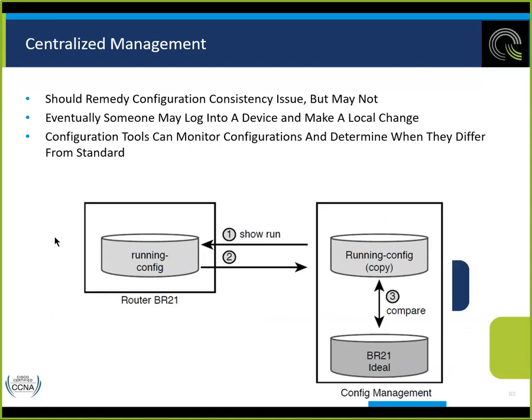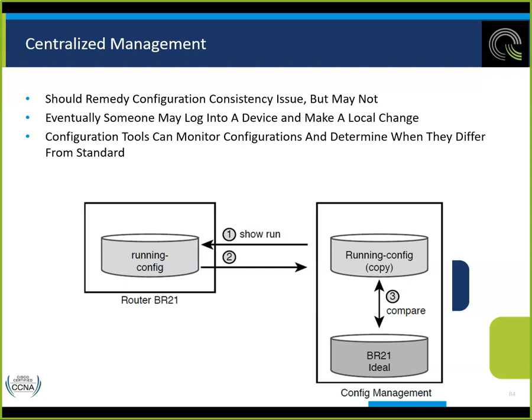In centralized management, we have the ideal and the running copy, and we can compare the two and see what the differences are, what changes might have been made. This remedies the configuration inconsistency, but it may not last.